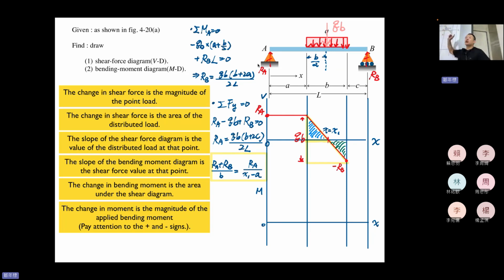These similar triangles can provide X1 equal to A plus (B plus 2C) divided by 2L. Okay, so we will use that later.